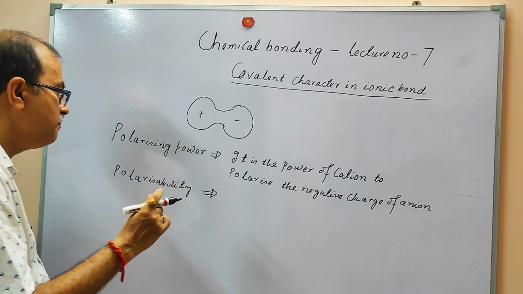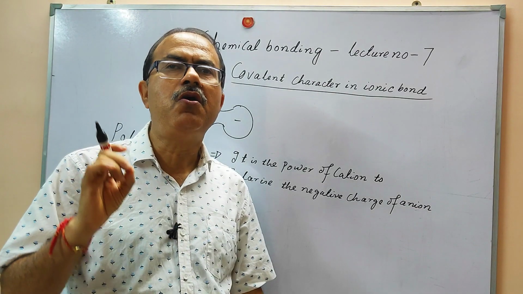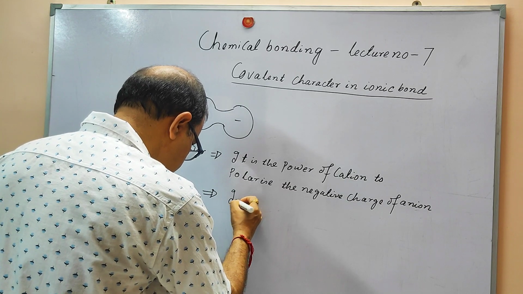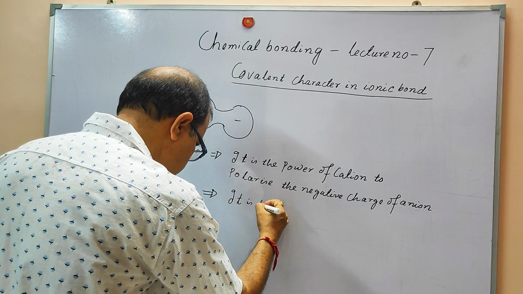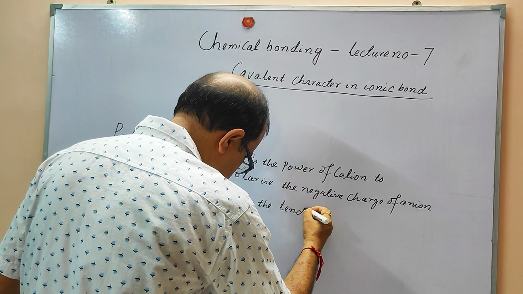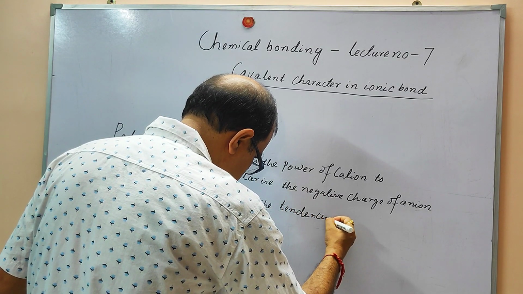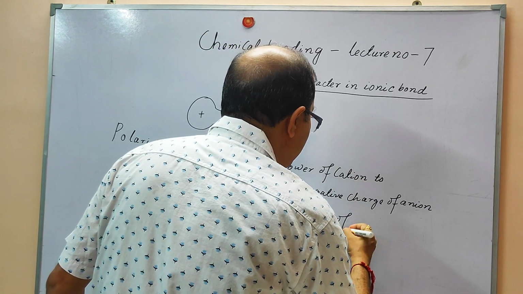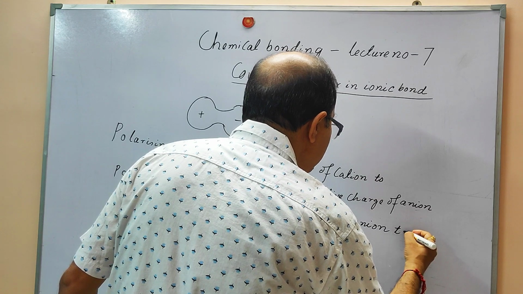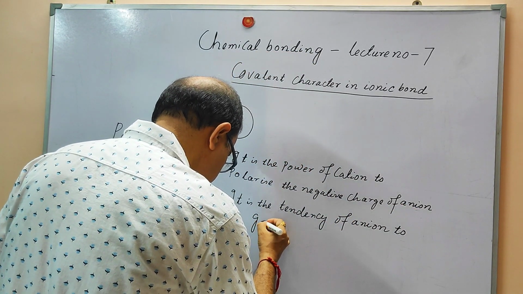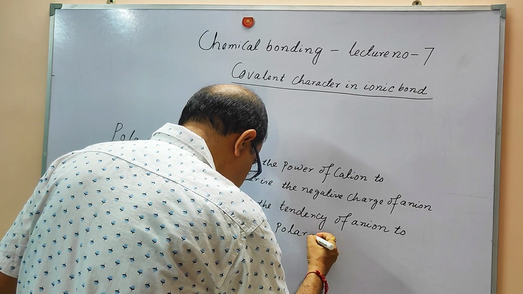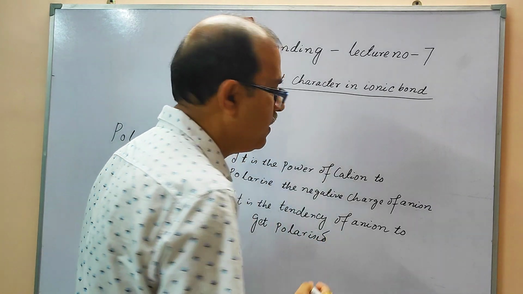Polarizability is the tendency of the anion to get polarized by the cation.